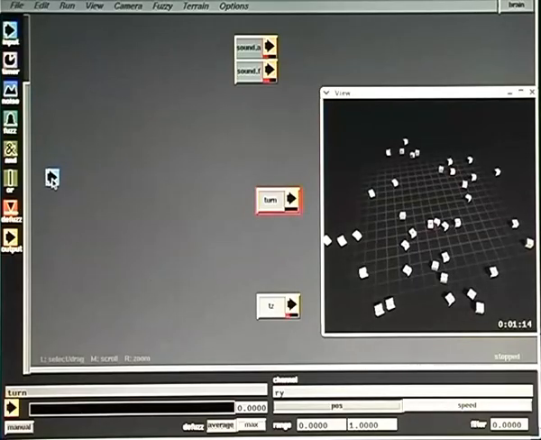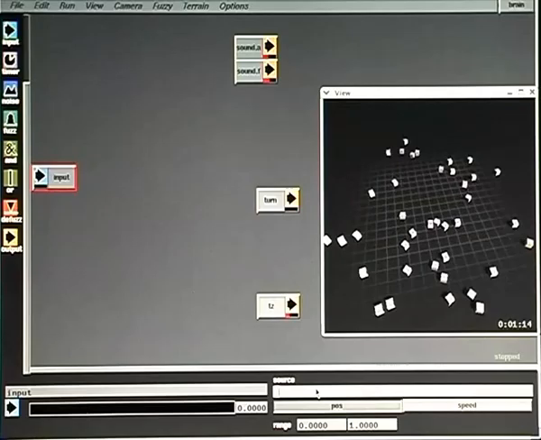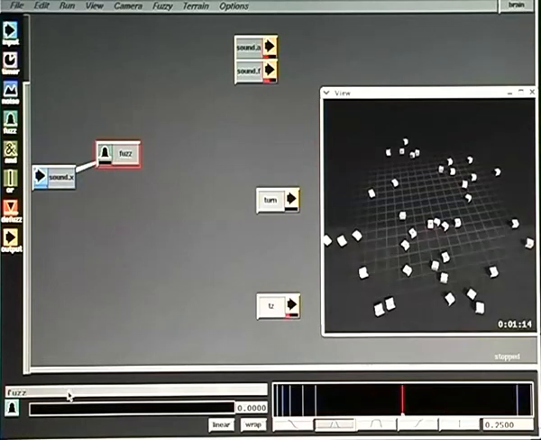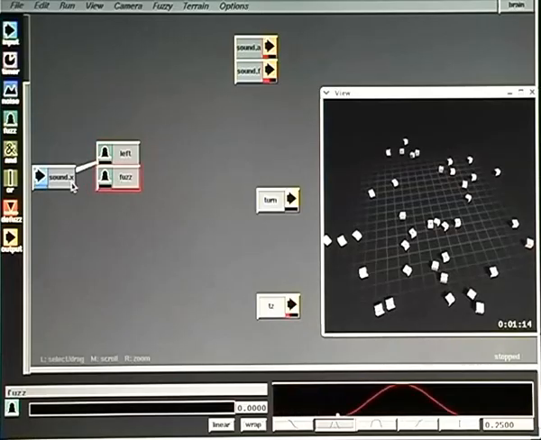And our input, we need two inputs. One is sound.x, which should have a range of -180 to 180. And from that we're going to figure out left, center, and right.